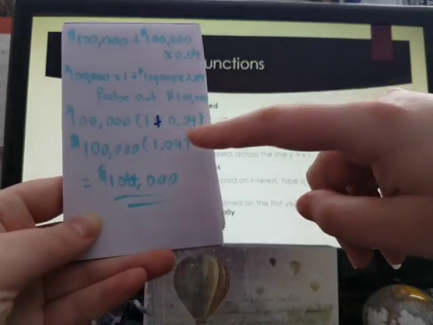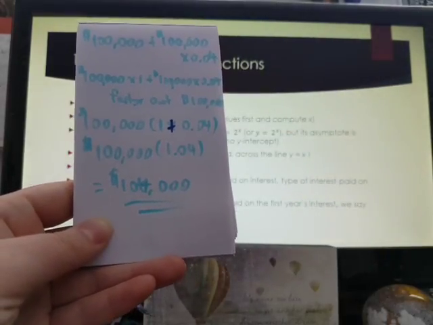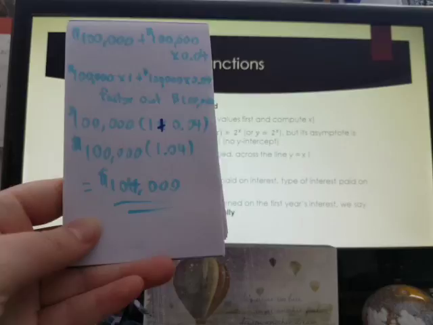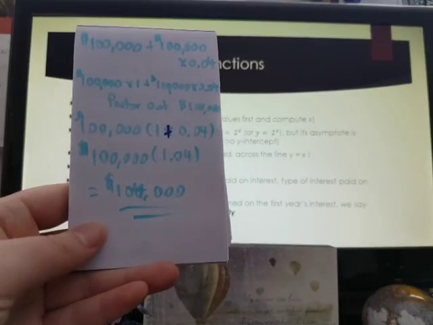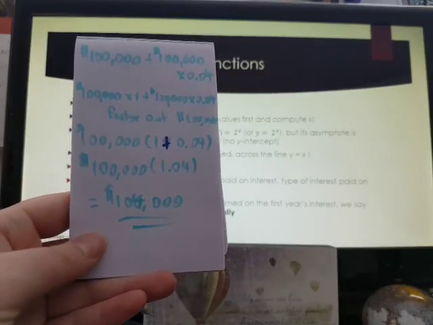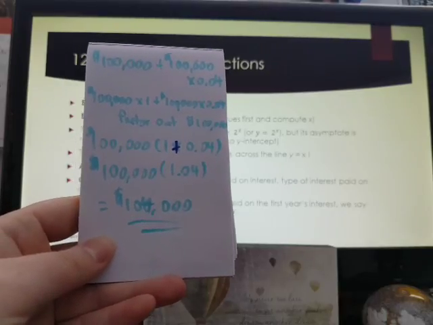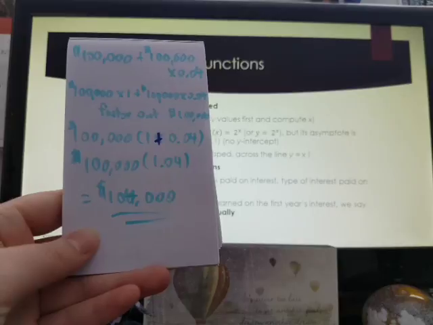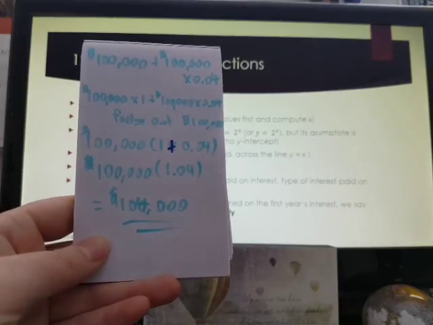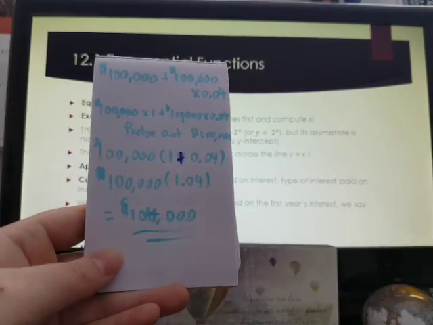Whenever you have an interest rate, if you're given a 5% interest rate, you multiply something by 1.05. I do this for sales tax all the time. So if I know tax is 15% and something is $30, 15% as a decimal would be 0.15.